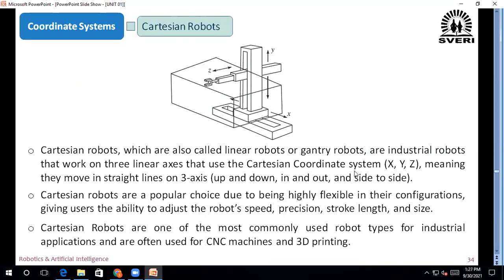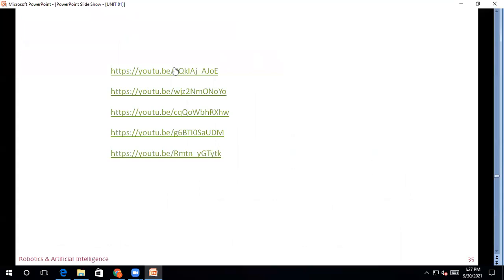Therefore, this is nothing but a Cartesian robot. Their arms are moving along three linear axes X, Y, and Z. You will find applications in CNC machines and in 3D printing. Now we will see some YouTube links to understand what is meant by a Cartesian robot.